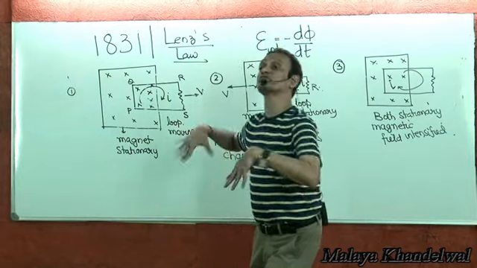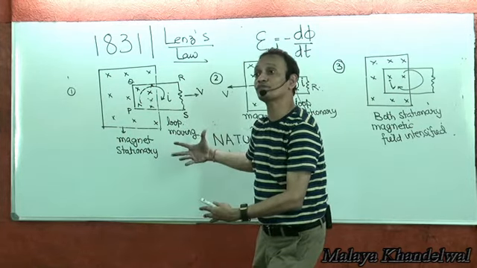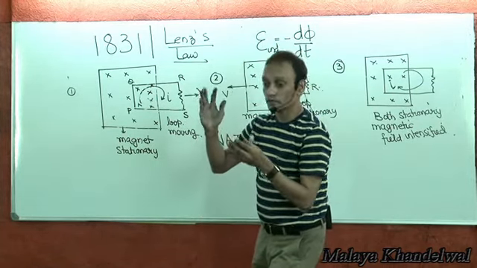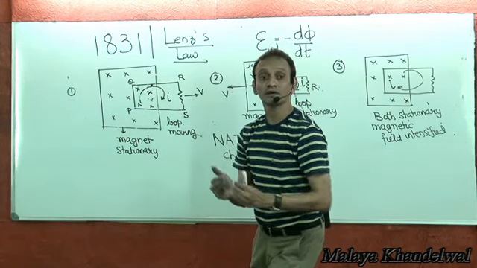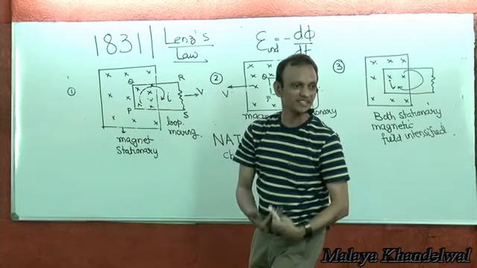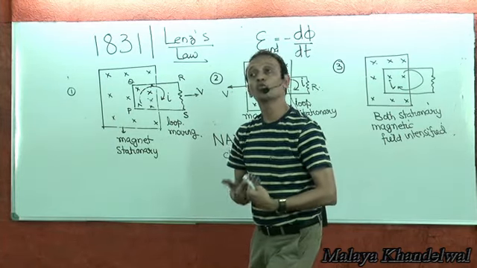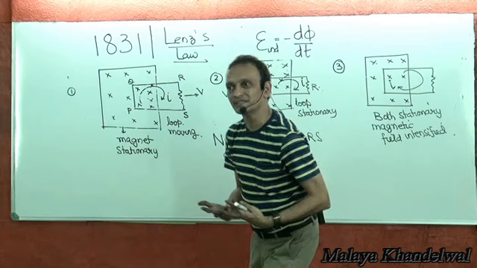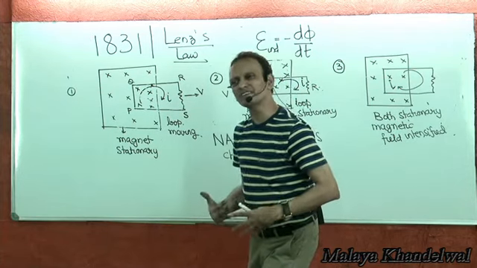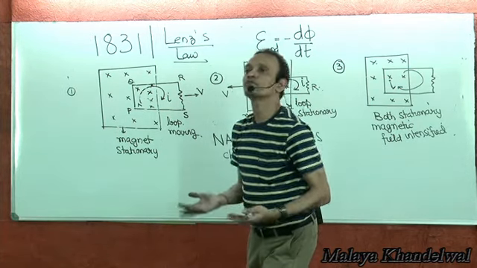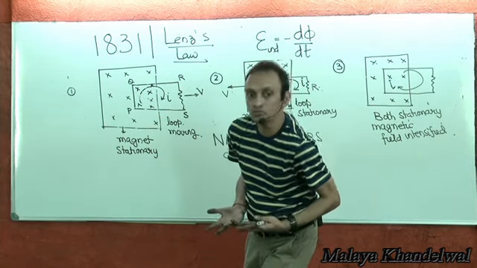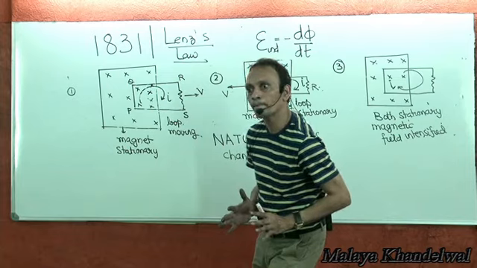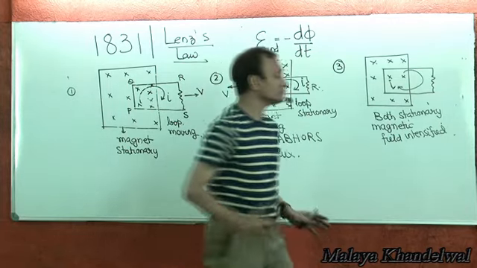You would have to physically examine the direction of the induced EMF, that is the direction of the induced current, one way or the other, to know whether it's going to be clockwise or anti-clockwise. What would frustrate the change of flux? The effect that would frustrate change of flux would give us the direction of the induced EMF, the direction of the induced current. Yes or no? You know what I'm saying?